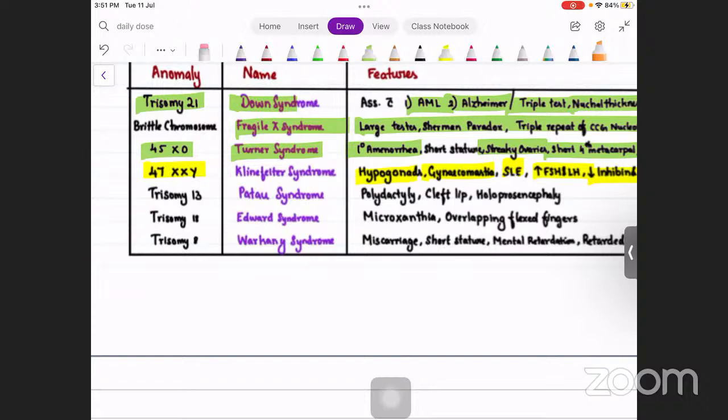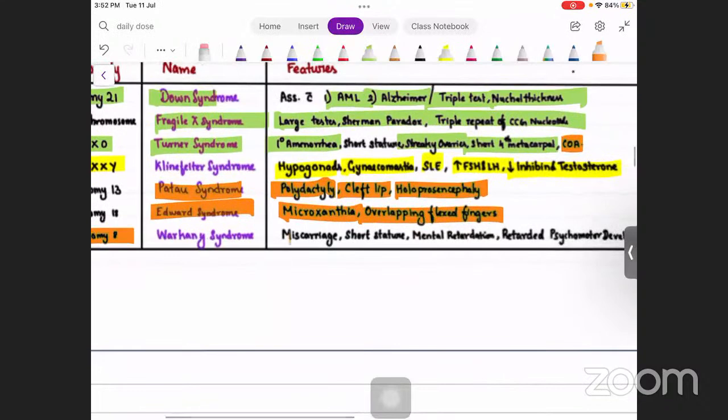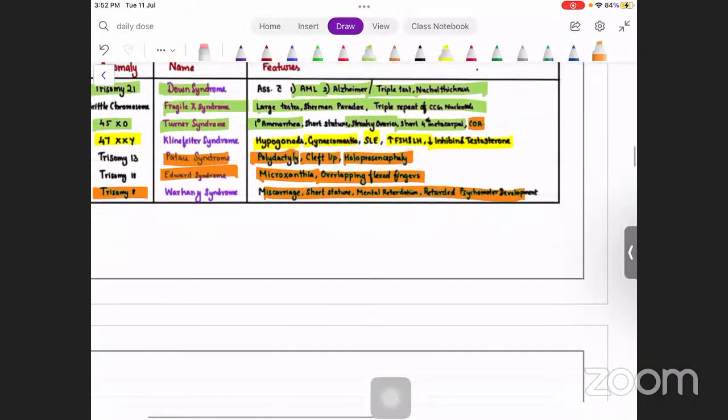Trisomy 13, Patau syndrome: polydactyly, holoprosencephaly, and cleft lip. Then you have Edwards, which is trisomy 18: overlapping of flexed fingers and microphthalmia. And trisomy 8, Warkany syndrome, where you see miscarriage, short stature, mental retardation, and retarded psychomotor development.